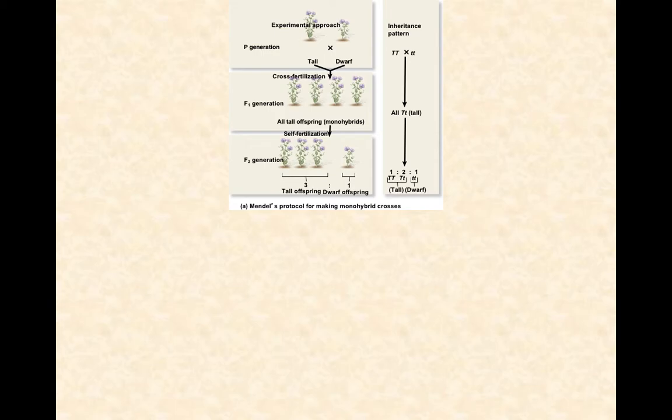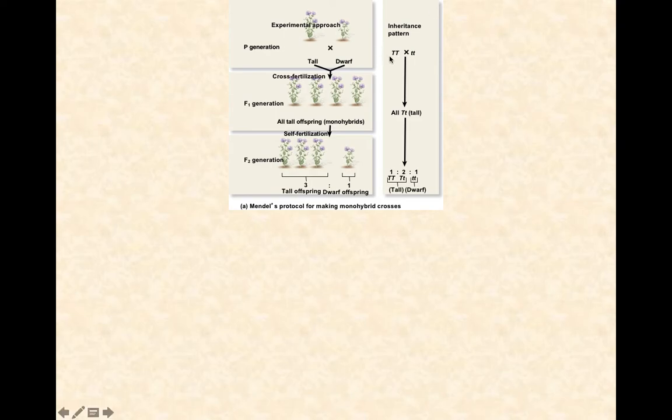But the genotype, meaning the versions or alleles of this particular gene that's determining plant height, that are present in that parent. Now we know that that parent, that plant, is diploid. And so there has to be two copies.